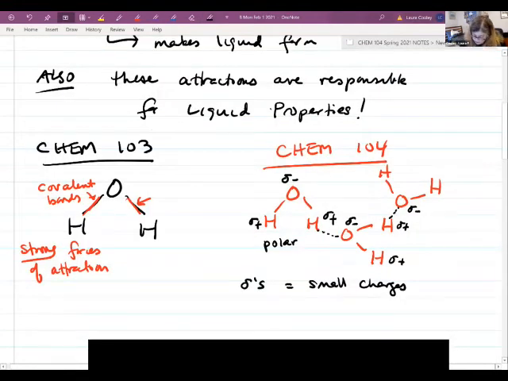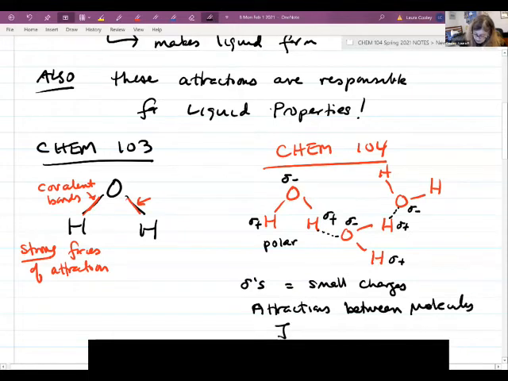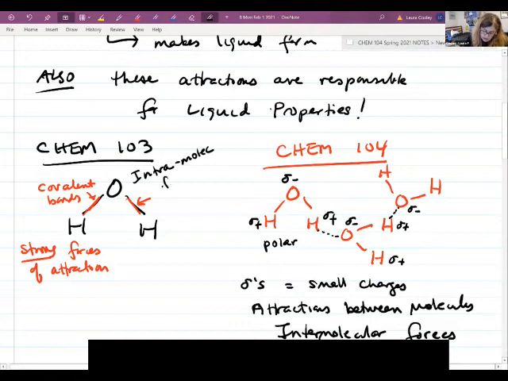We call these attractions between molecules intermolecular forces. These attractions between atoms within a molecule, you could think of as intramolecular forces.